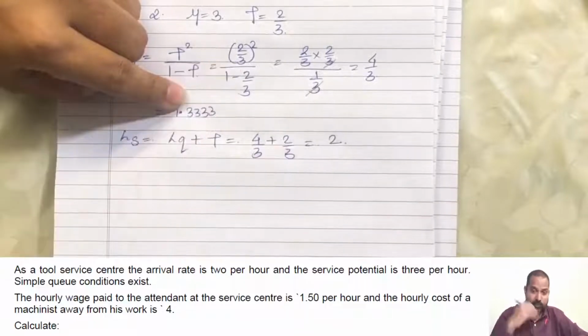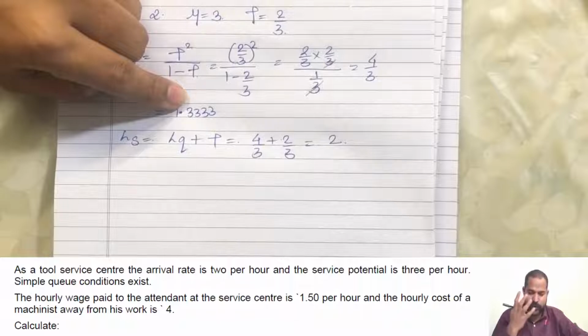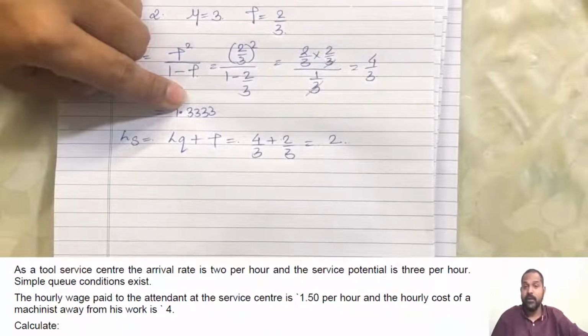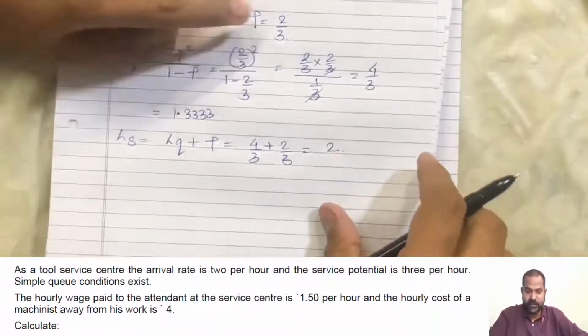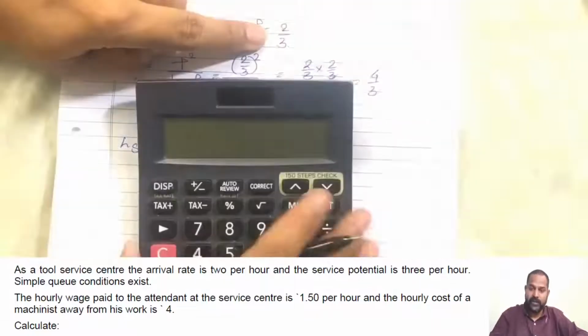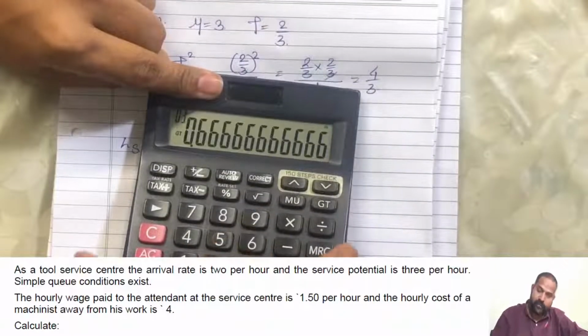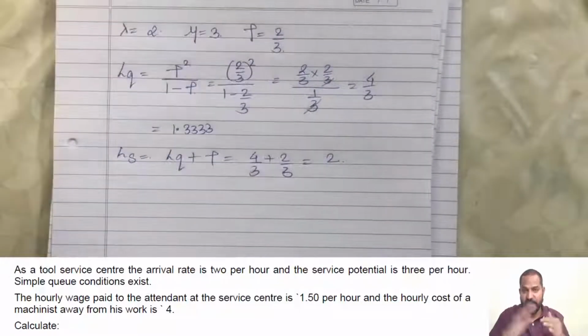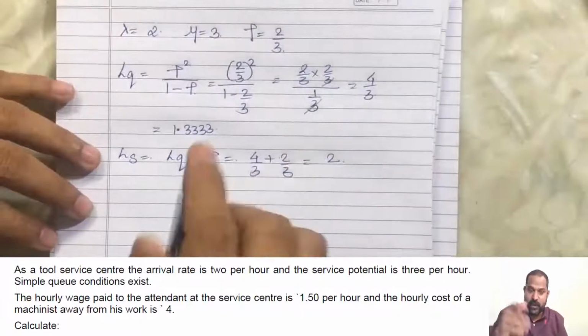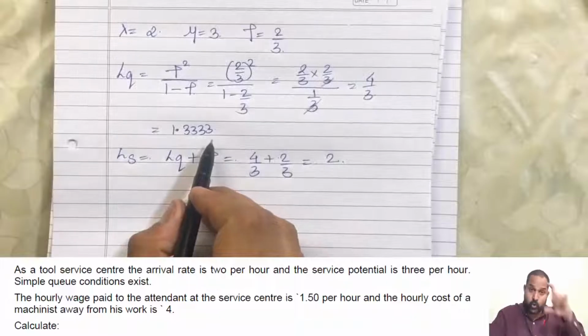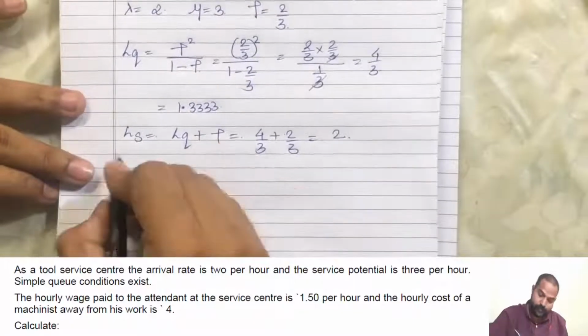And the remaining, which is I think 0.66666, is going to be at the service center getting served, because 2 divided by 3 is 0.6666. So 0.67 is getting served, 1.333 is in the queue. So total in the system are 2 people.